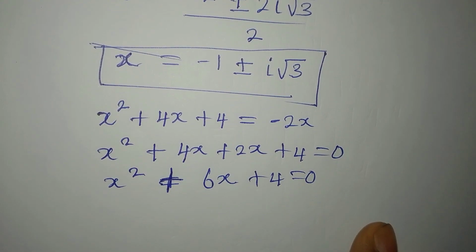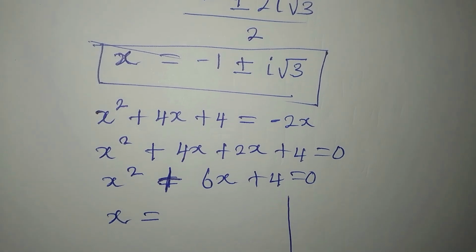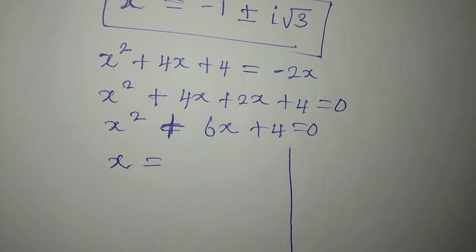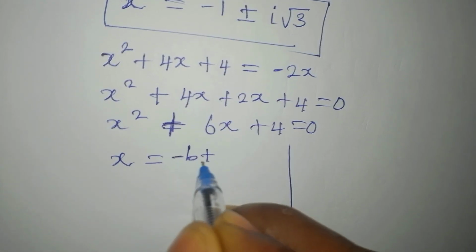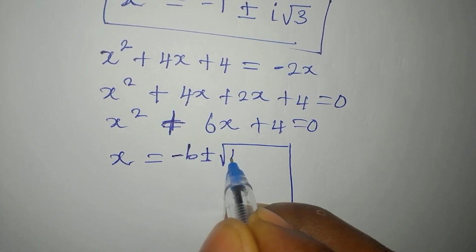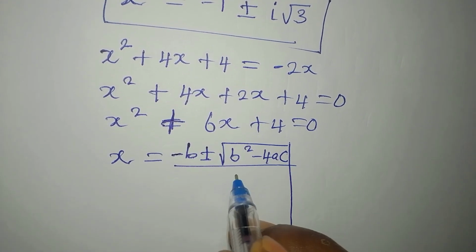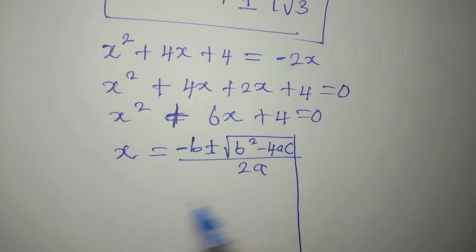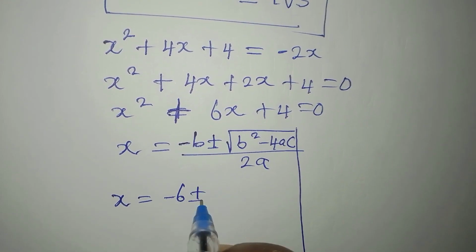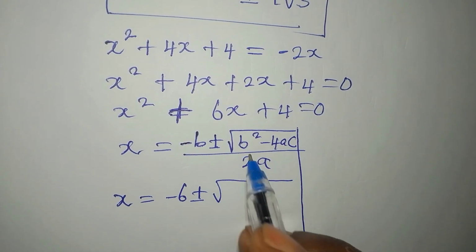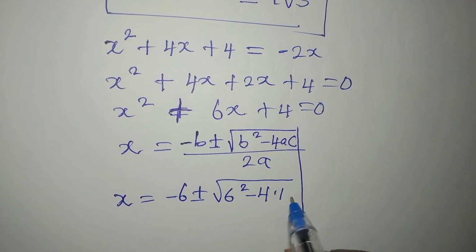Now, what do we do? The formula. x is equal to, let me cut this so that I will finish it here. So I have x equals minus b plus or minus square root of b squared minus 4ac, and everything is over 2 times a. Now our x is, in place of minus b, I'm writing minus 6 plus or minus square root of b squared, which is 6 squared, minus 4 times a times 4.